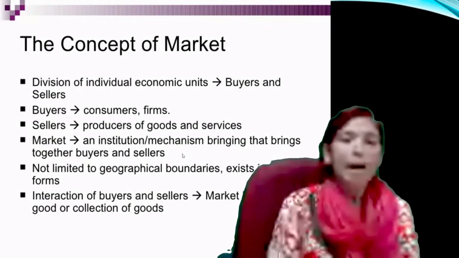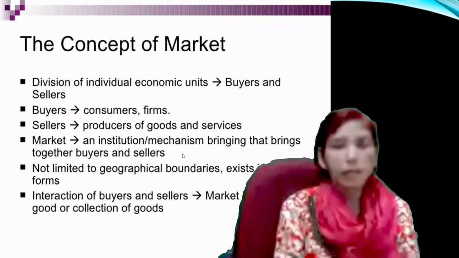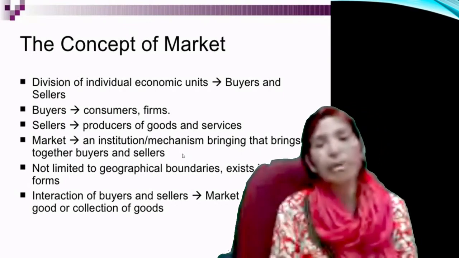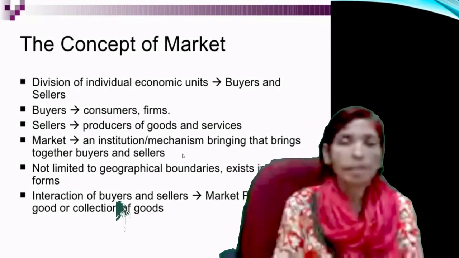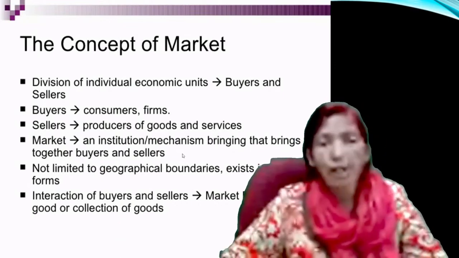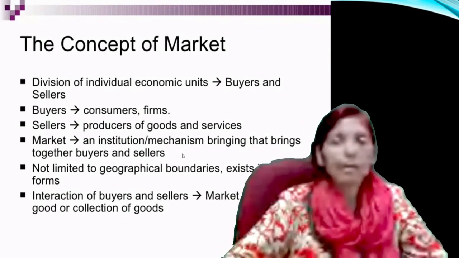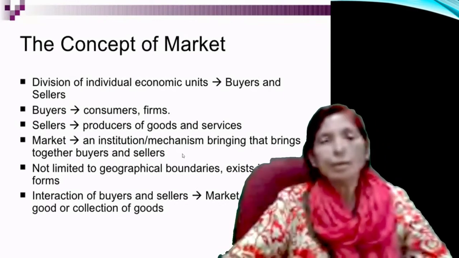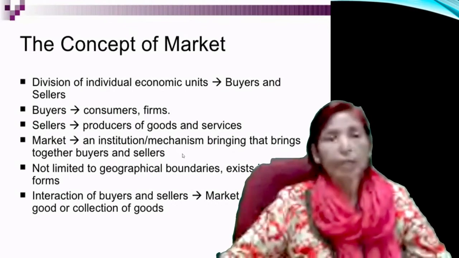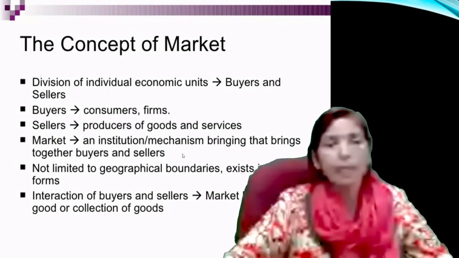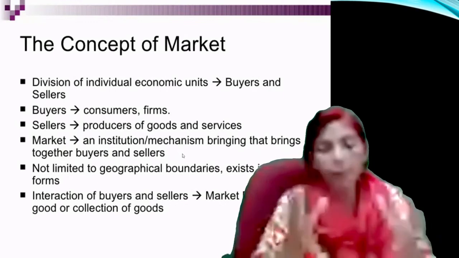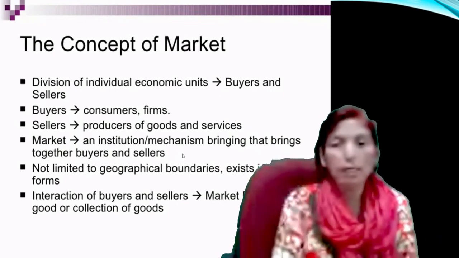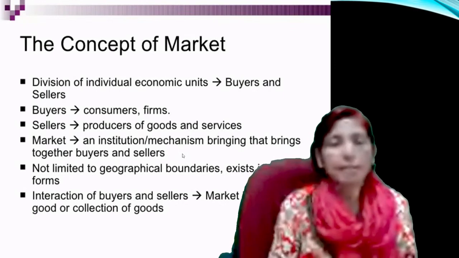Where buyers and sellers interact, the market price of a good or collection of goods is determined. So this is the main concept of market, in which buyers and sellers are included. An individual economic unit can be divided into two main parts, buyer and seller.